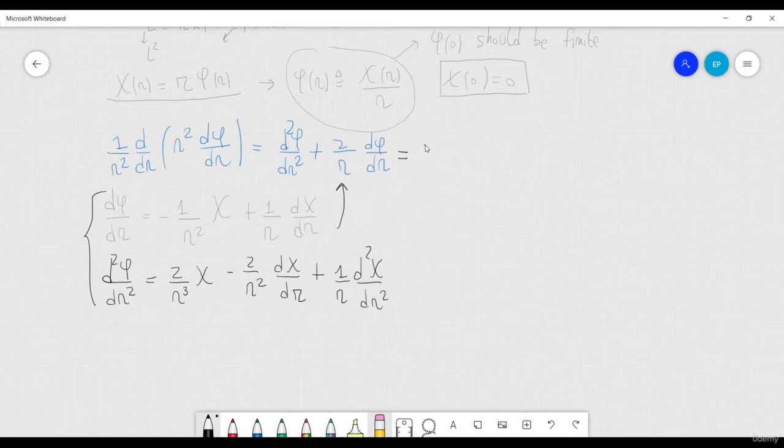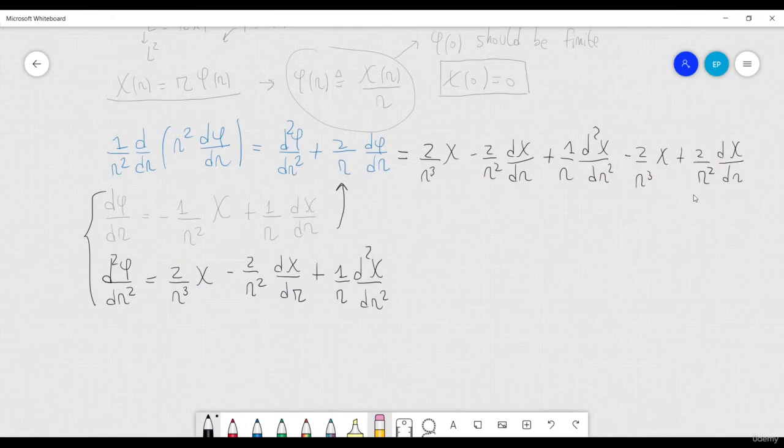You have 2 over r cubed chi minus 2 over r squared d chi over dr plus 1 over r d squared chi over dr squared, and then you have minus 2 over r cubed chi plus 2 over r squared d chi over dr. And you can see that this term here cancels this one, and this term here cancels this one.